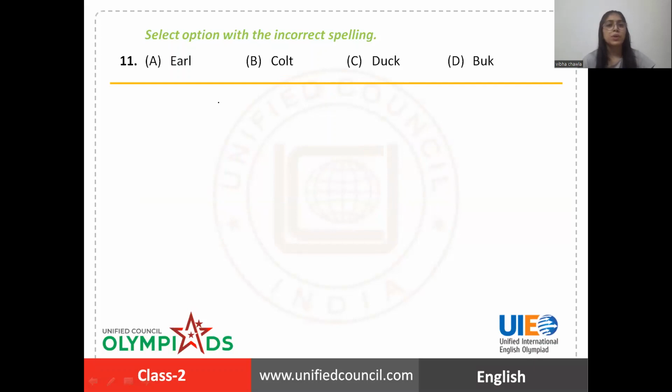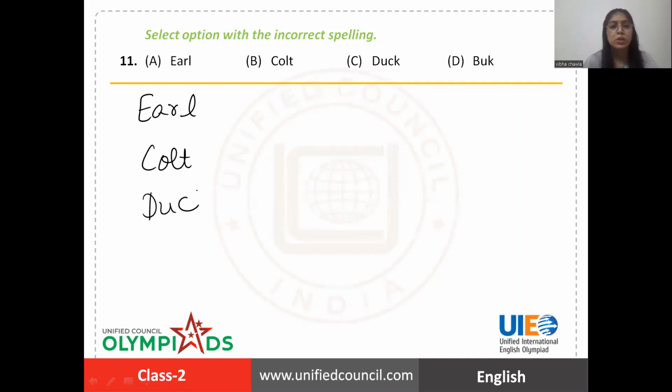Okay, next is question number 11, in which we have to select the option with the incorrect spelling. If you look at these options, we have already discussed all of them. I have already told you the meaning of all, but this time one of them is given in incorrect spelling, and that option is our answer.